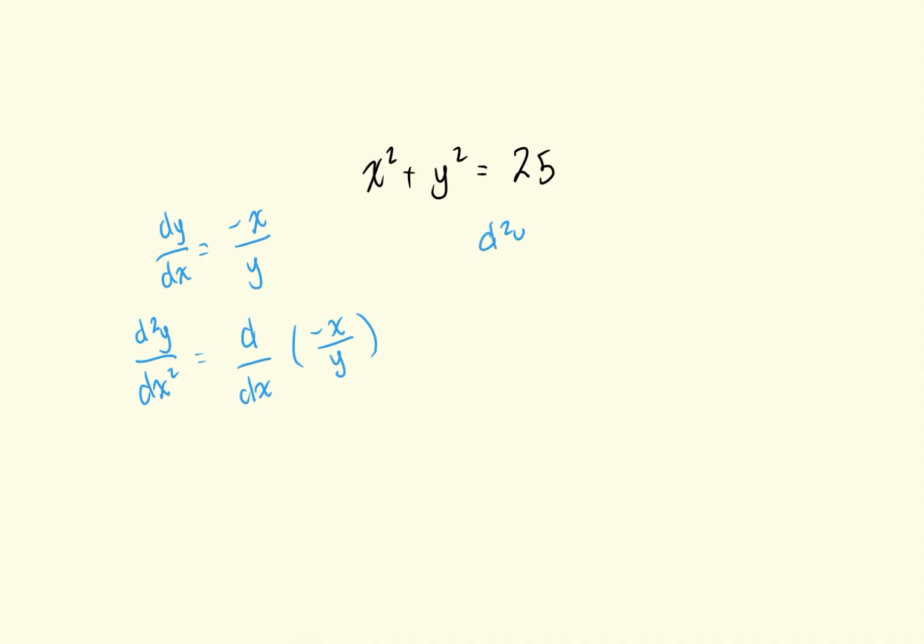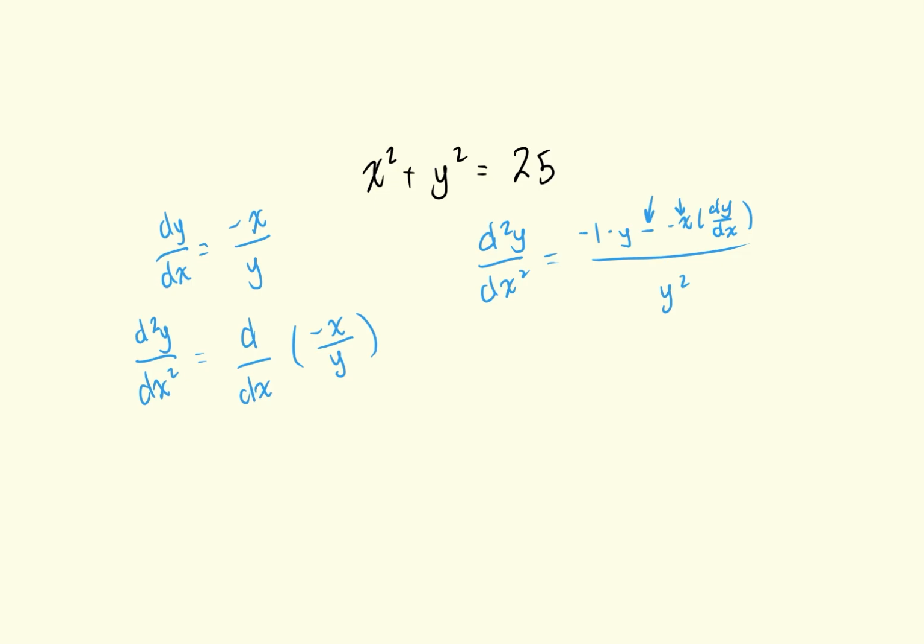So d squared y over dx squared equals the derivative of the first times the second, which is negative 1, the derivative of x here, times y minus negative x times the derivative of y, which is dy by dx, over y squared.